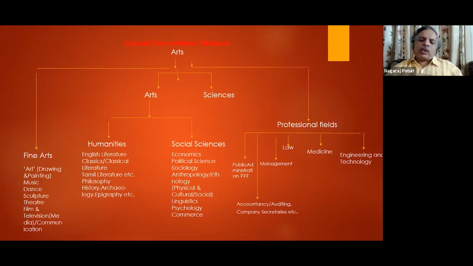In East European countries, they use the word ethnology for anthropology. Within anthropology, within ethnology, you have physical anthropology, and the other one is cultural, which is also called social anthropology. And you have disciplines like linguistics, psychology, commerce. All these are classified under social sciences, and those also usually come under arts only.